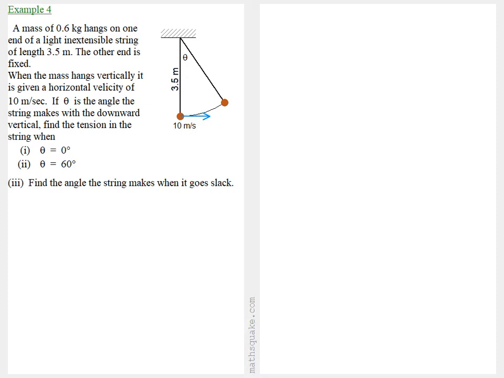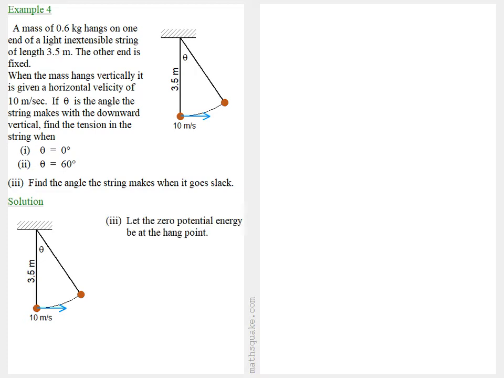Now in part 3 of the question, we're asked to find the angle the string makes when it goes slack. Well, to solve this, again, we need to draw a diagram. To find the speed of the pendulum, we're going to use the conservation of energy. So, let the zero potential energy be at the hang point.